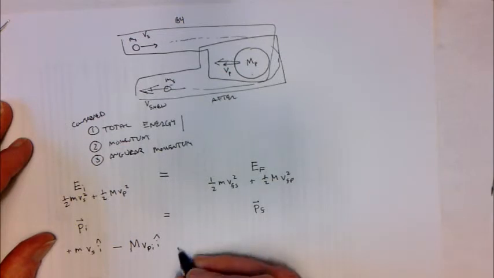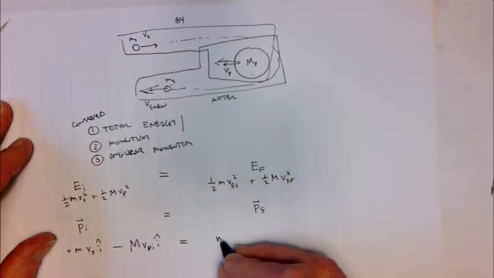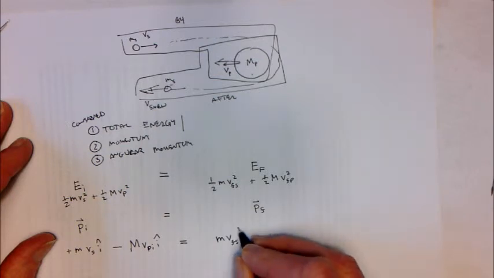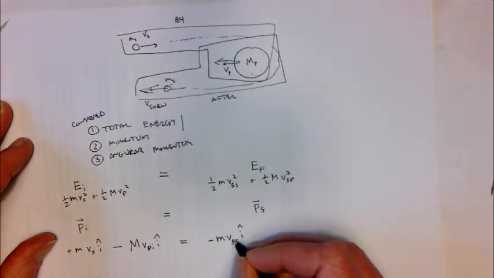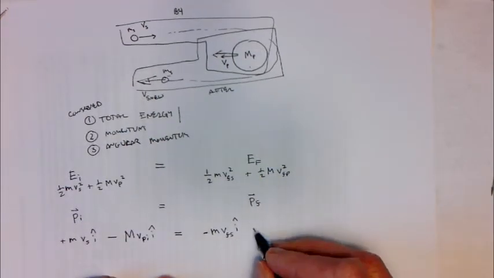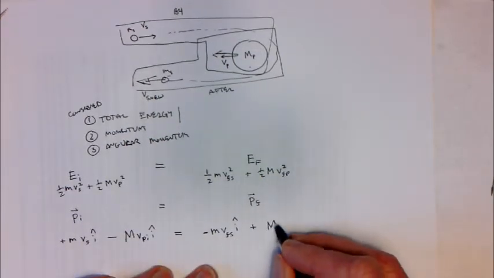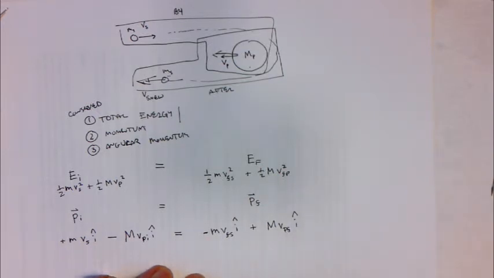And that's got to be equal to the mass of the satellite times the final velocity of the satellite in the i hat direction, and I'm going to define that as being negative because I'm interested in how big that is. So I'm going to say that v final s is a positive number, plus the mass of the planet times the final velocity of the planet in the i hat direction.